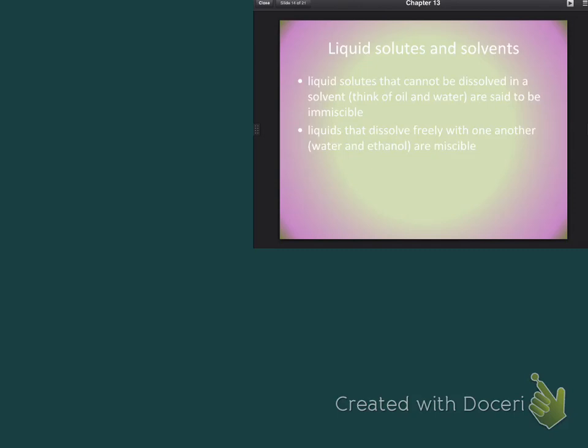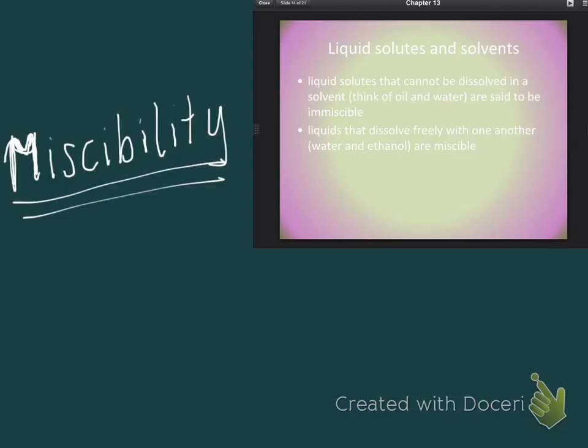It is, but it doesn't look like dissolving to our minds. So what we talk about is miscibility, M-I-S-C-I-B-L-E. This is the ability of a liquid solvent to dissolve in another liquid solvent. If we have two things that don't mix, oil and water, that is immiscible.